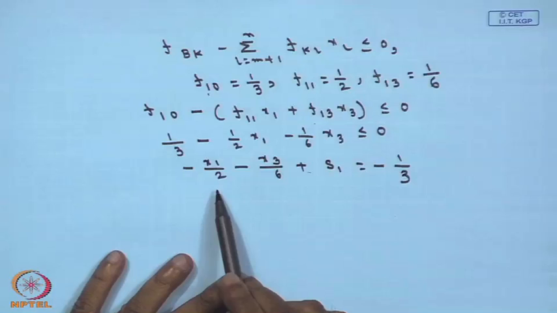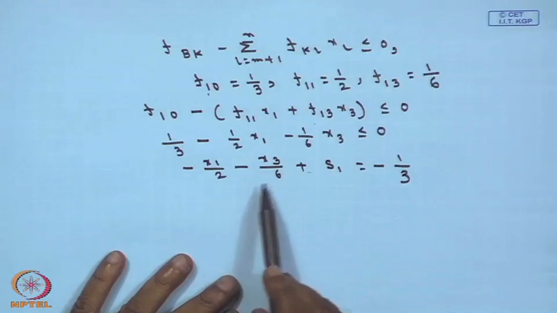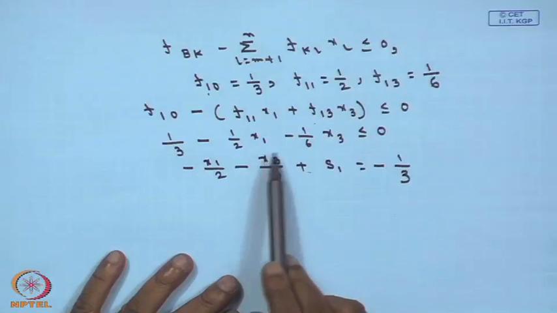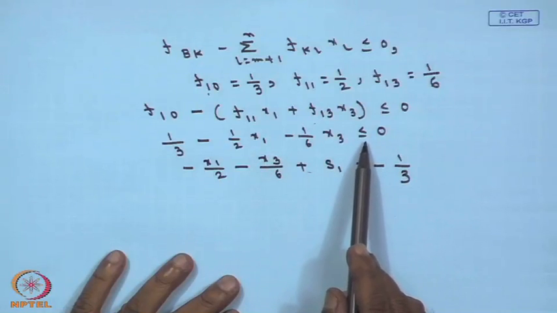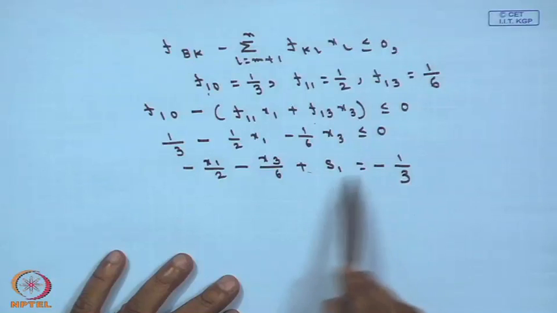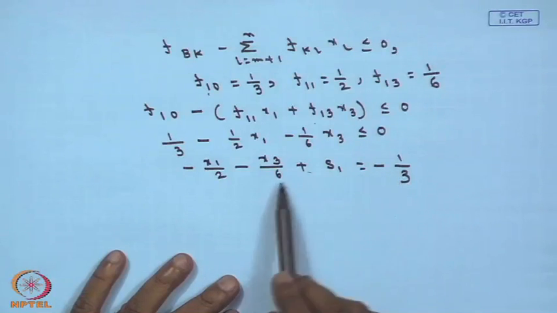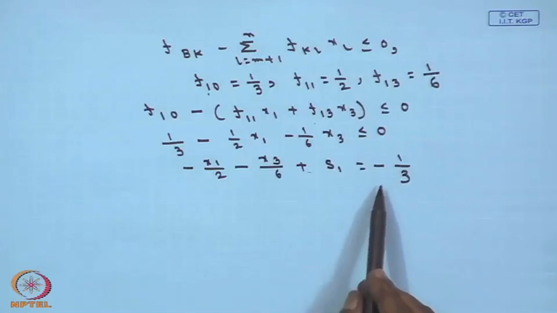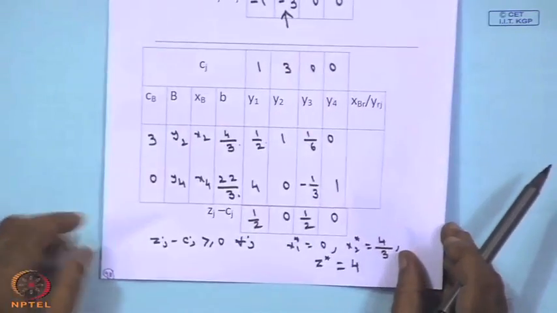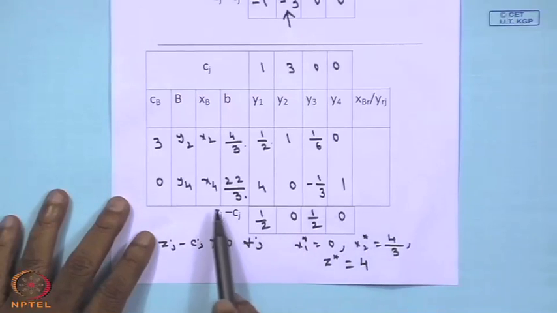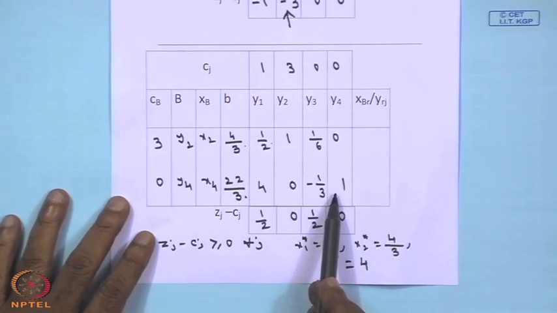So, basically now what happened, you got one more constraint over here. Now, there was one more inequality constraint. Using the Gomory slack variable, you have made it an equality constraint, and therefore, you got another equality constraint. This was your last table, if you remember, where you got the optimal solution, right.